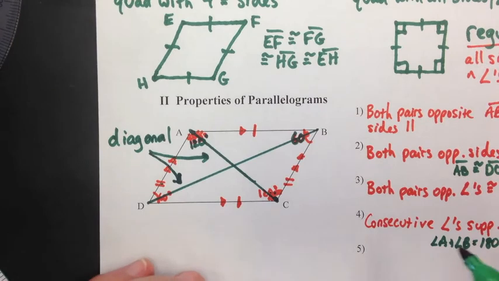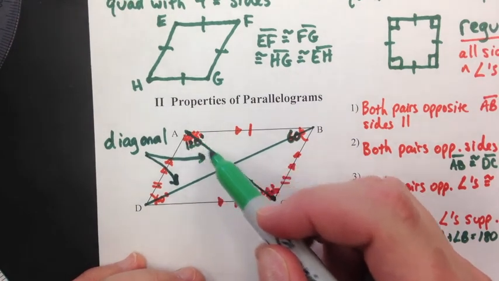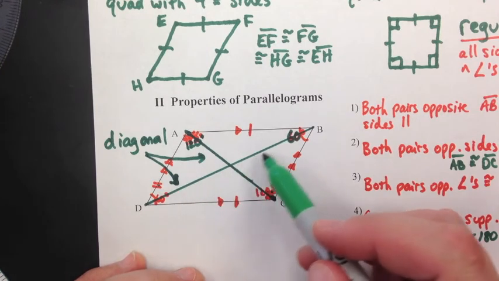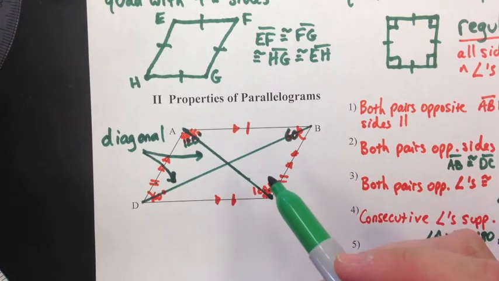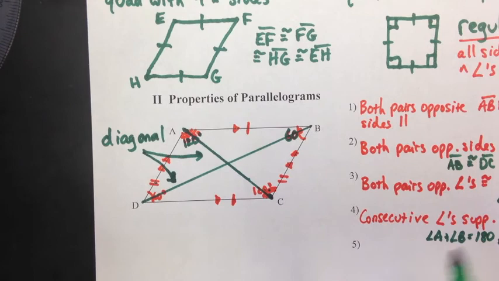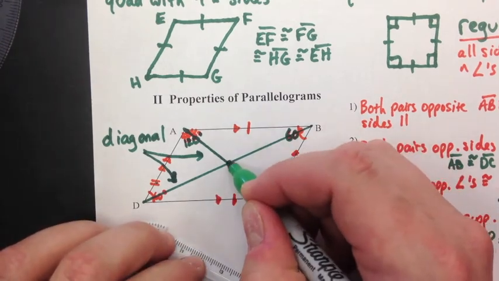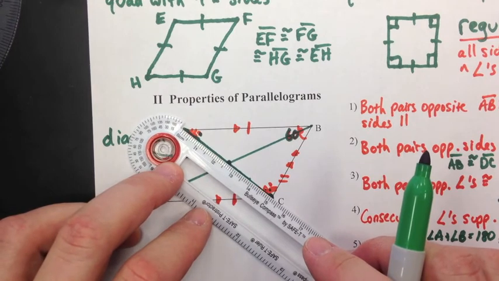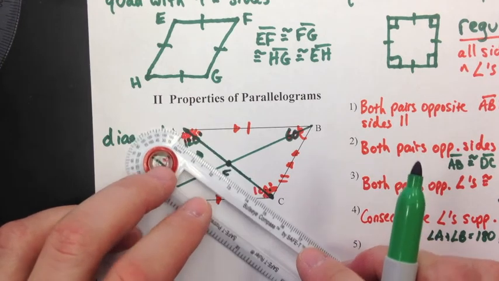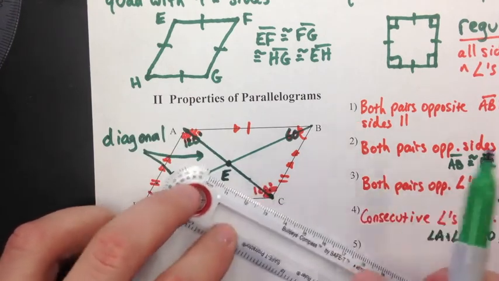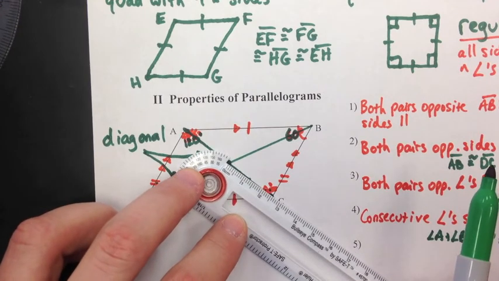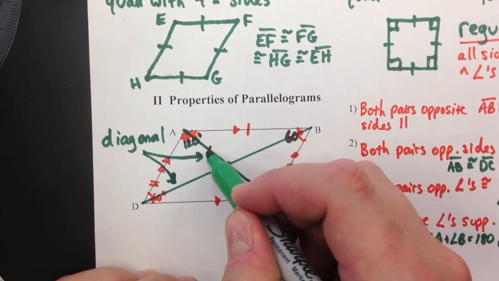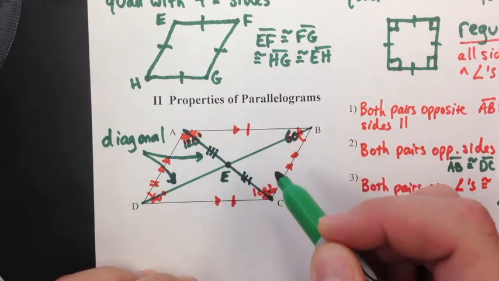Now you can see that AC is definitely shorter than DB. So they're not congruent. However, if I measure, I'll call this point E right here. If I measure from A to E, I get about 2.6 centimeters. And if I measure from C to E, I also get 2.6. So the diagonals cut each other in half.